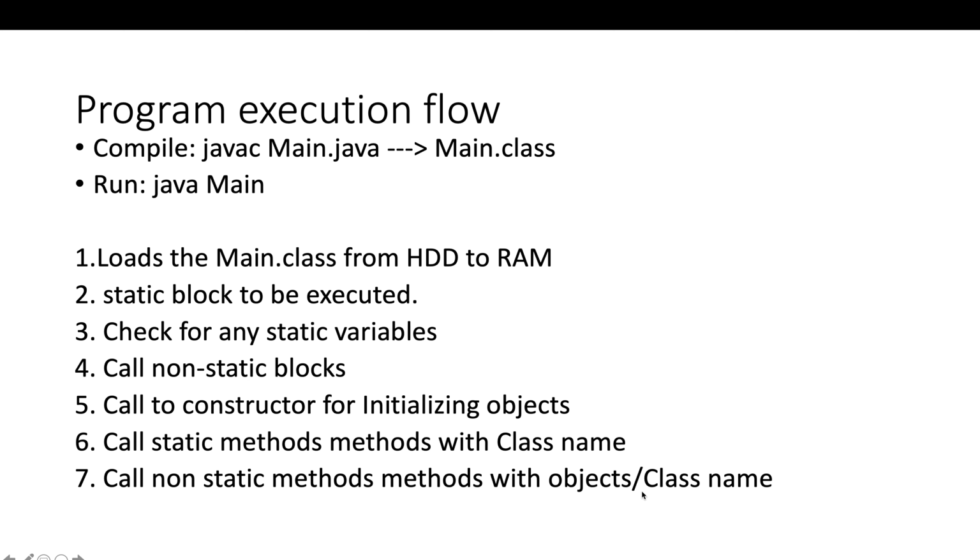Sorry, there is a mistake in the slide. Static methods can be called using the class name or an object, and non-static methods can be called using only objects, not the class name. There is a small mistake here, please ignore. So this is how the program execution goes.